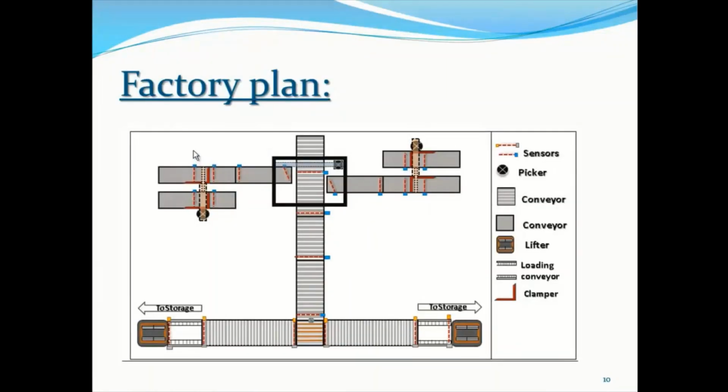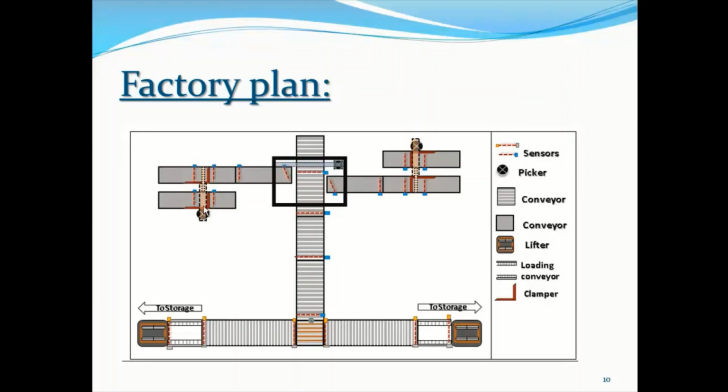Okay, and now for the factory plan. We have on each side 2 conveyors, one to bring the base piece and one for the lid piece. And the other side also, they just differ in colors. There is a green color and a blue color for the pieces.